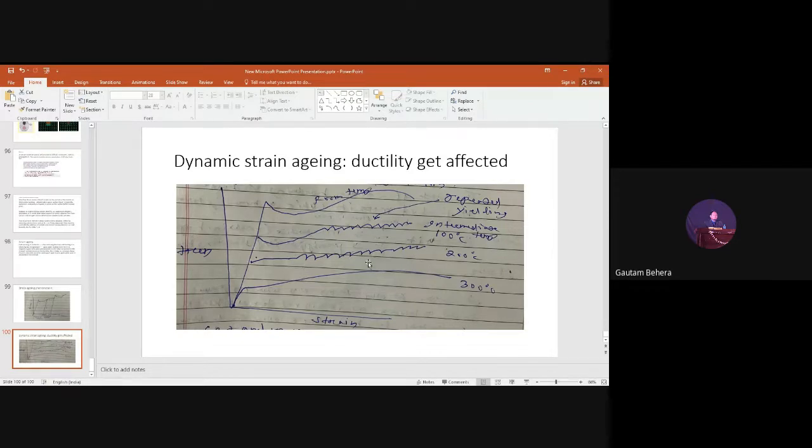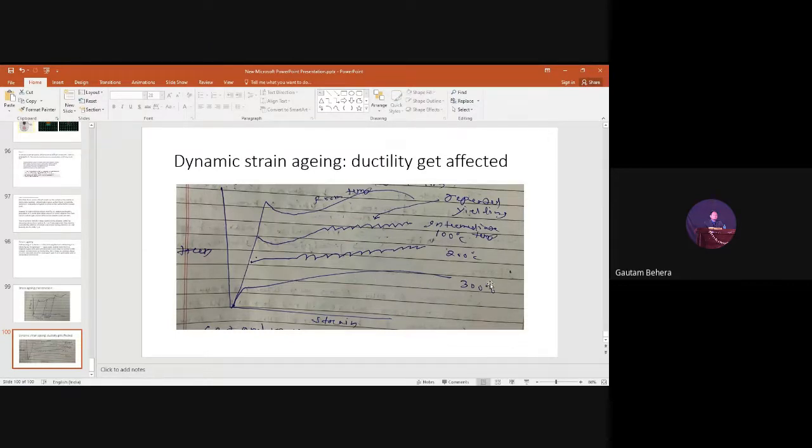This happens because at this temperature the diffusion is good. The carbon and nitrogen atoms easily diffuse to the dislocation core and pin the dislocation. So again, we have this kind of phenomenon, right? But at high temperature, the yield strength is poor. Dislocation can easily move. There is no problem, right? Stress required is less.